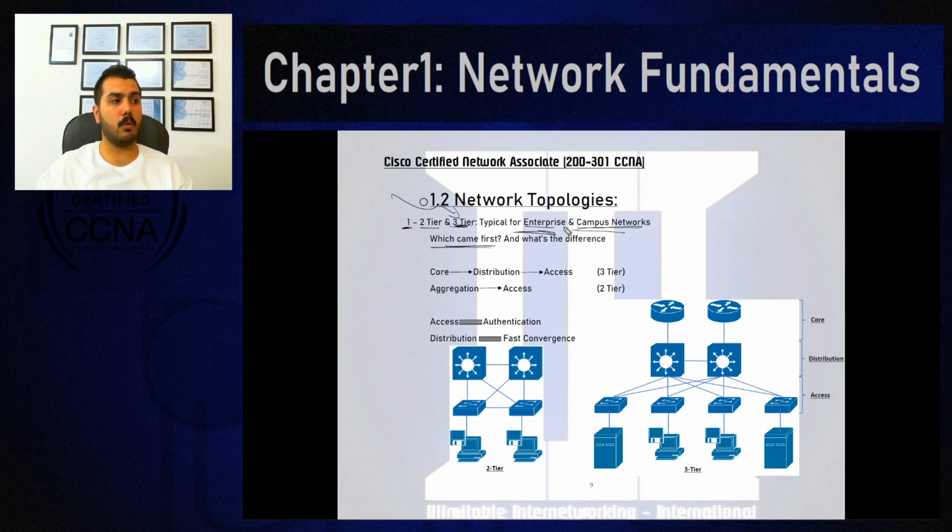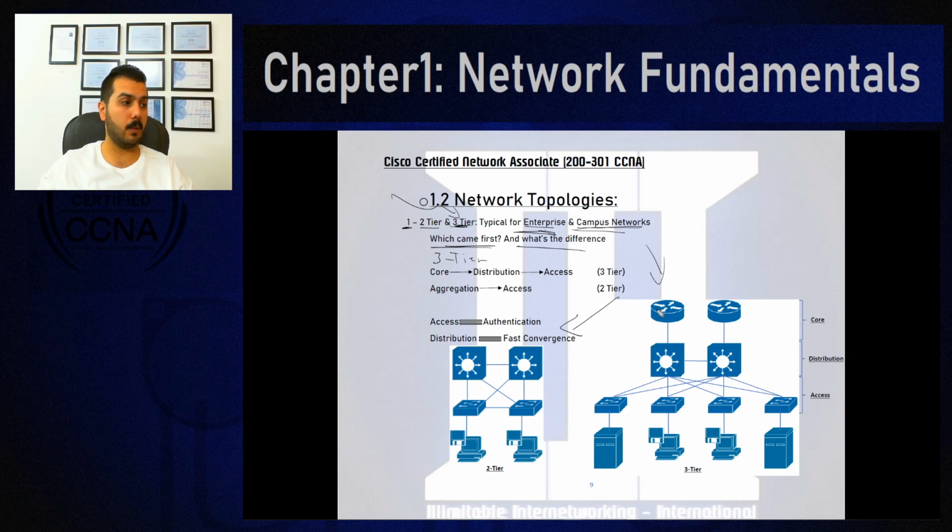Both types of these companies can make good use of either the 2-tier or 3-tier design topology for their networks. Which one came first? We just answered it, it is the 3-tier topology. And what's the difference? Mainly you can see the difference from these two topologies.